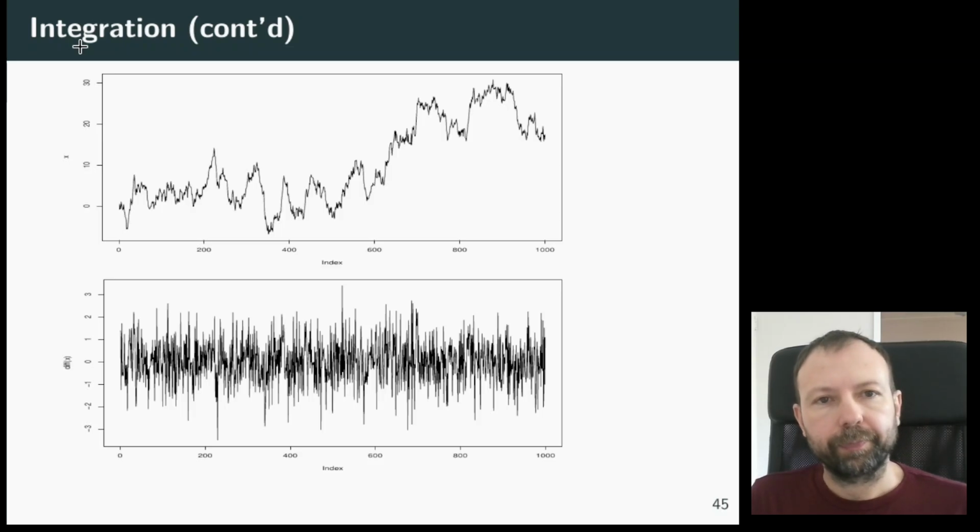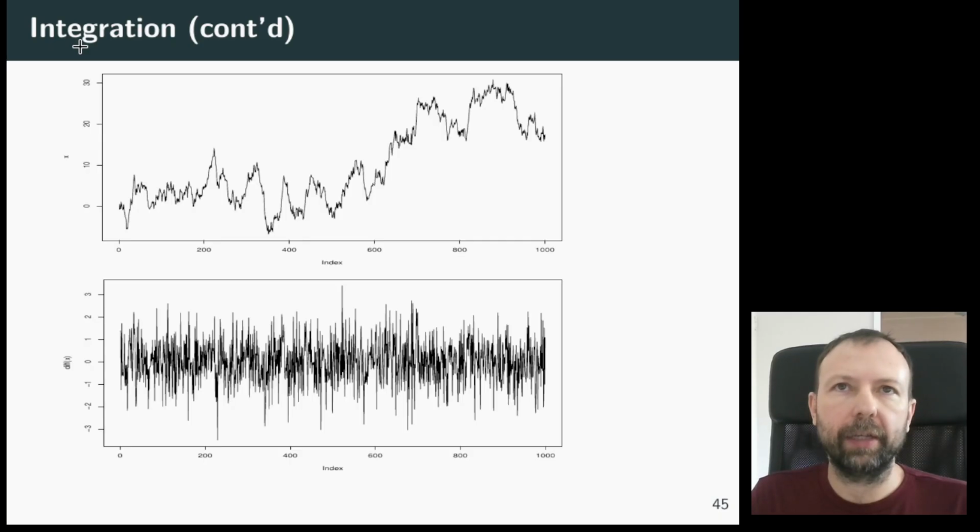Differencing to make series stationary is something that is very, very common in economics. And I think that's because the series there often have this kind of random walk type behavior, and there obviously differencing does make them stationary.